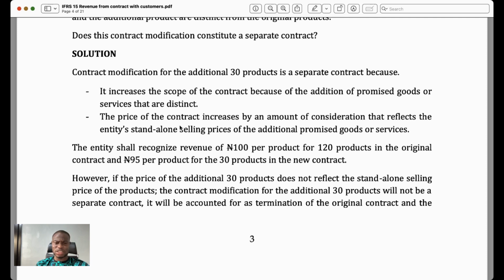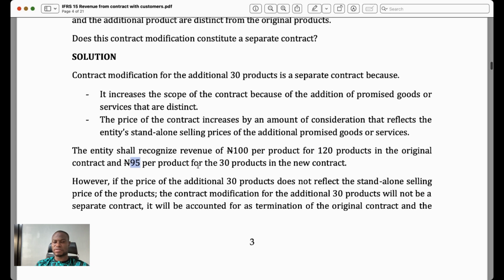Okay, and that's the solution to that. So they went ahead and said that the entity shall recognize revenue of 100 naira per product for 120 products in the original contract and 95 naira per product for the 30 products in the new contract.